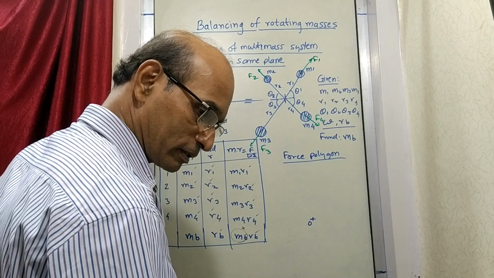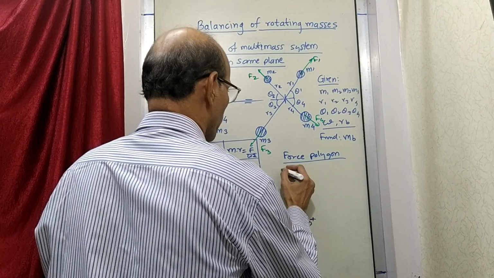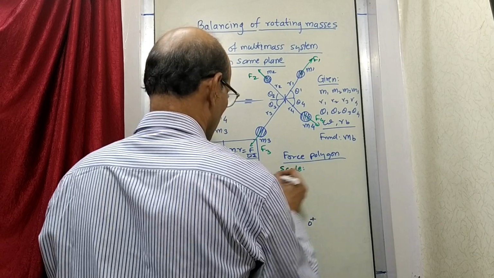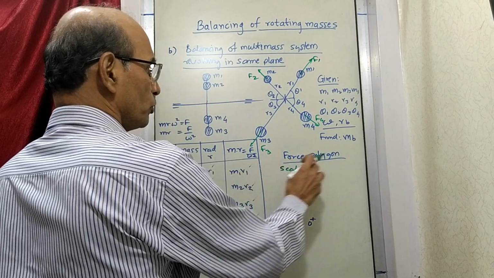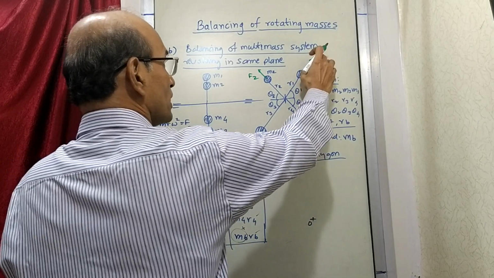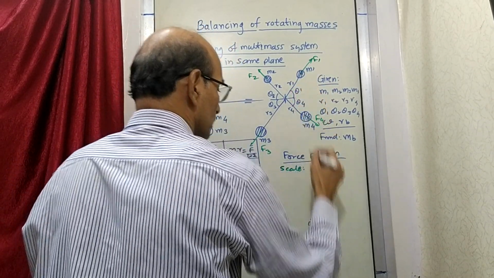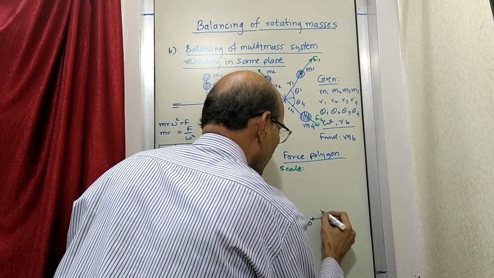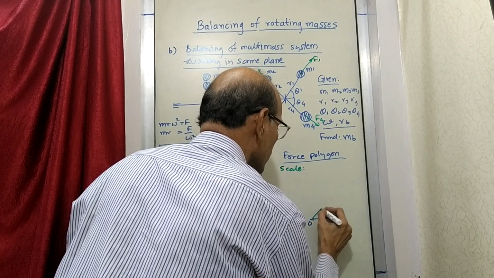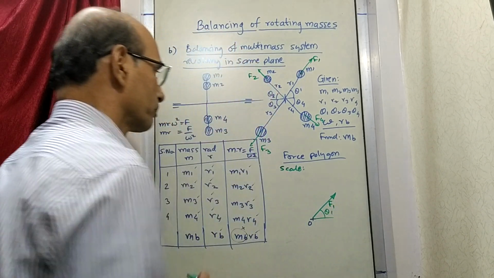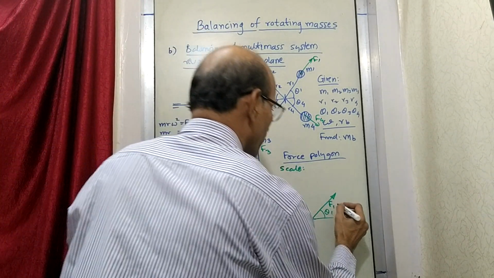First of all we have to take a scale, that is, how much force you are going to show by how many millimeters. So this F1, that means M1 R1, makes an angle theta 1, and we draw this line, which is representing F1. F1 means, in fact, M1 R1.